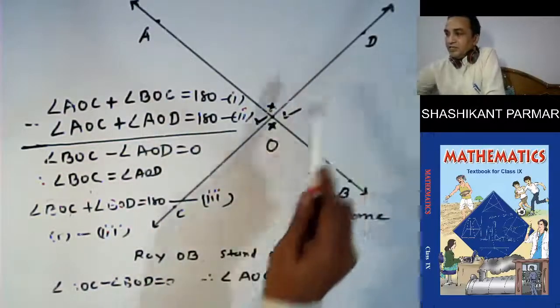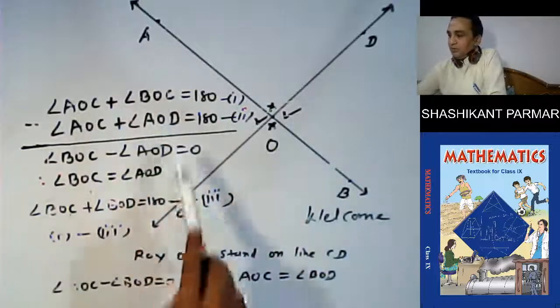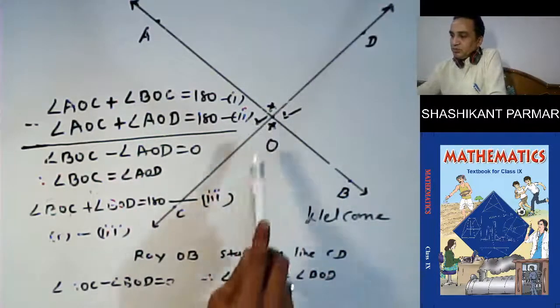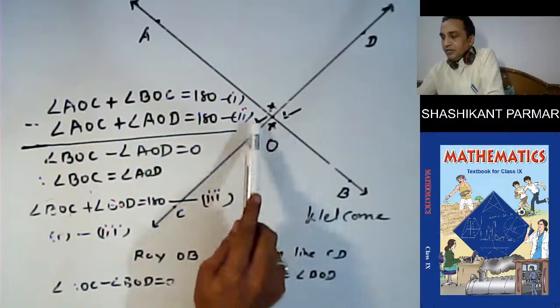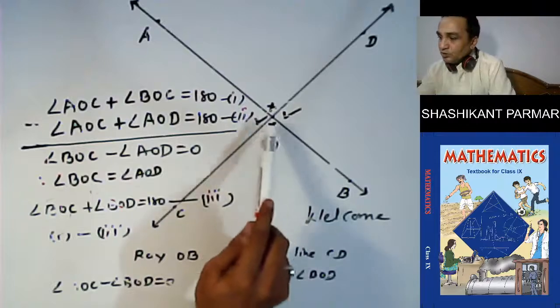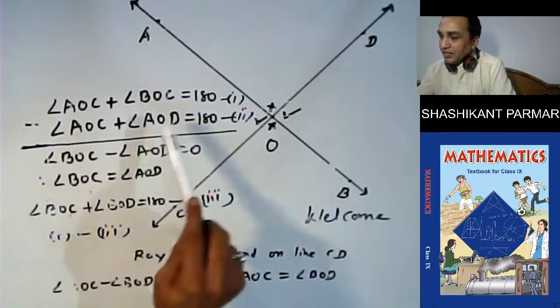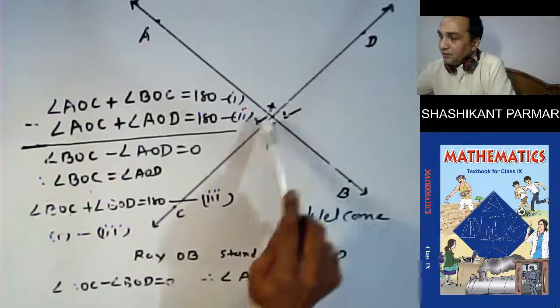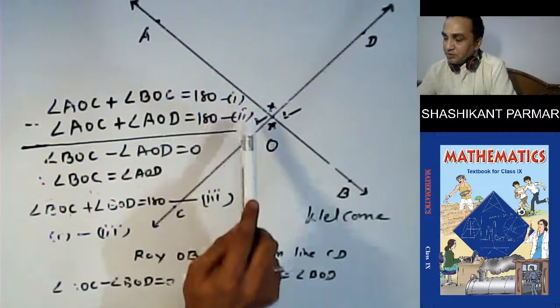AB and CD intersect at the point O, and AOC and BOC are linear pair angles, so the sum of these two angles is 180. Then AOC and AOD, this is first, this is second.